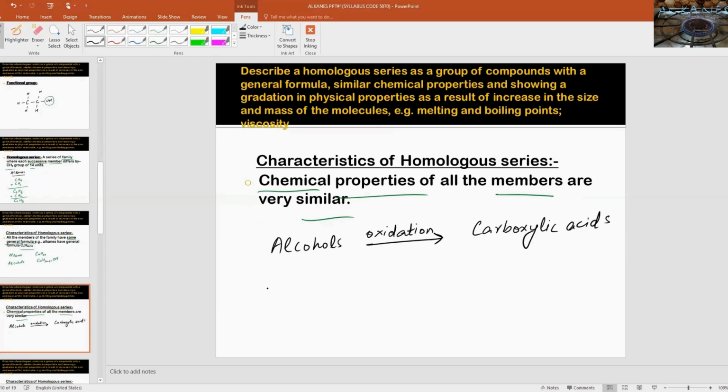Alkenes on addition reaction with hydrogen give alkanes.